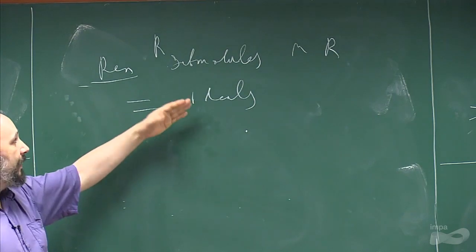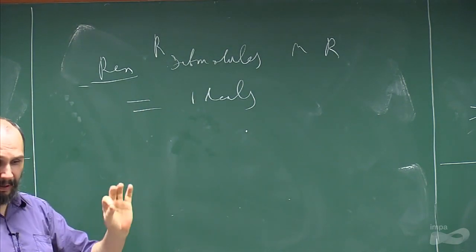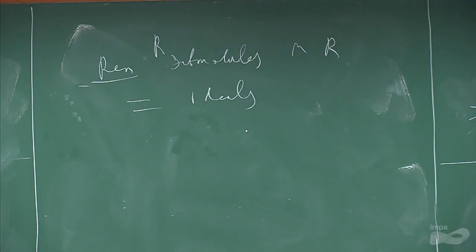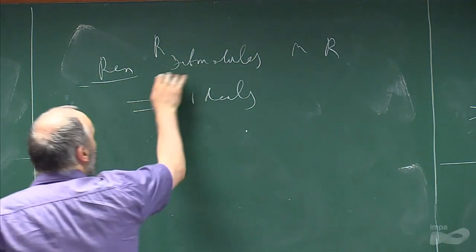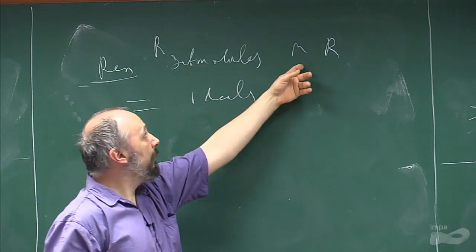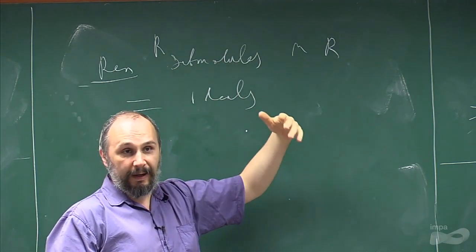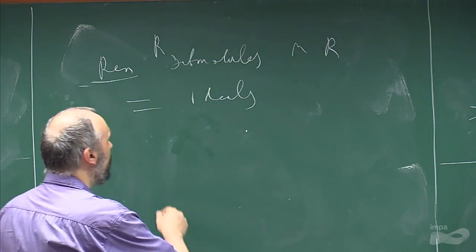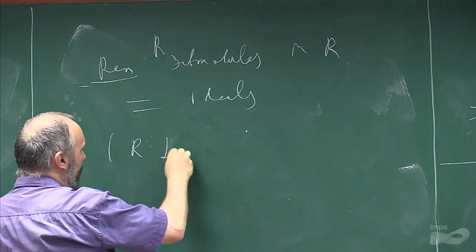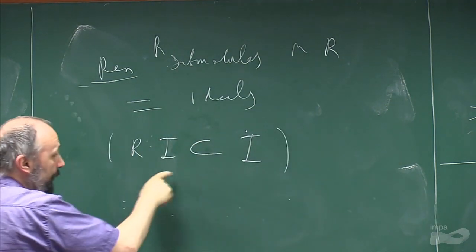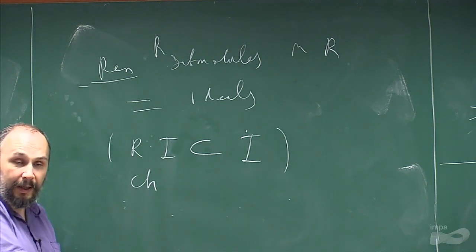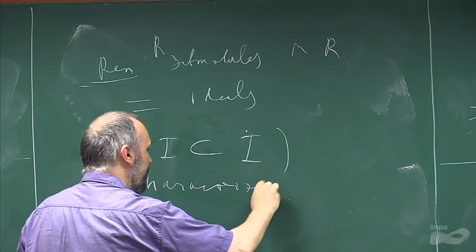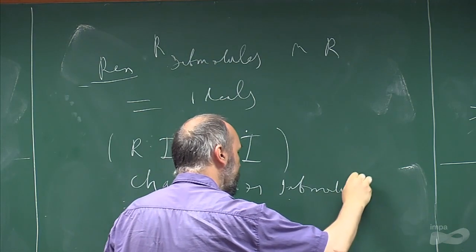Is this clear? So what is a module? A module is an abelian group where your ring acts multiplicatively. It's like a vector space, but over a ring. Submodule means that you can multiply by elements of your ring, and it remains in that. Because R times I inside I is a characterization of a submodule, and that is the characterization of an ideal. This characterizes submodules and ideals.